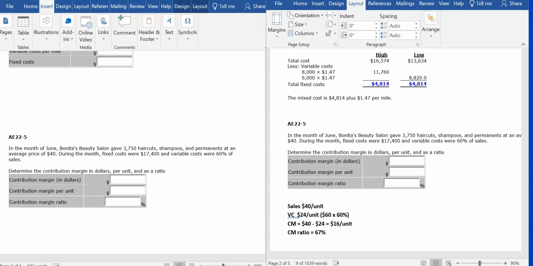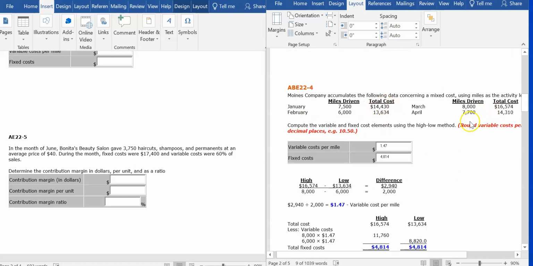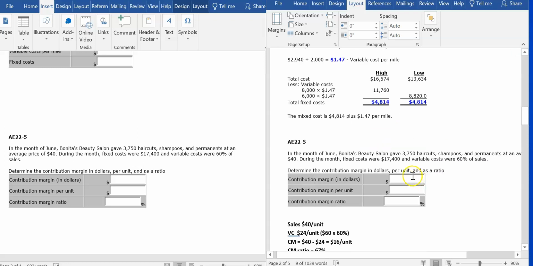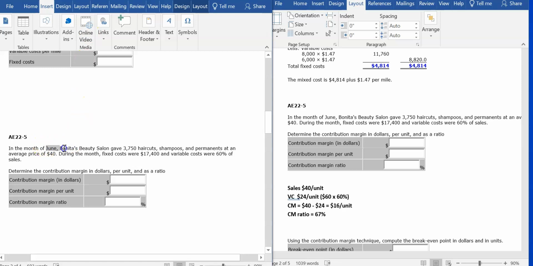Okay, and so now that we have a method to break our mixed cost into the variable and fixed portions, it enables us to apply cost volume profit analysis, which is what this next problem is going to have us start to think about. During the month of June, this beauty salon gave 3,750 haircut shampoos and perms at an average price of $40.